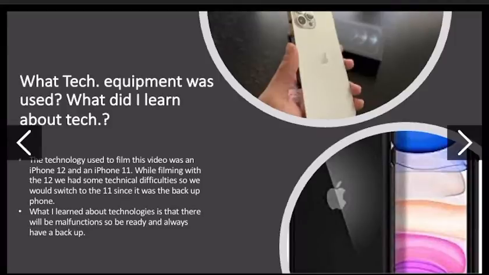Since they were not the same type of phone, while filming we had to make sure that both camera settings were the same, which was 4K, because we wanted the shots to have the same camera quality. What I learned about technology is that there will be malfunctions and to always have a backup just in case. To edit our video, we used VVideo. And of course, we also had to use CapCut to make our branding name and our title.